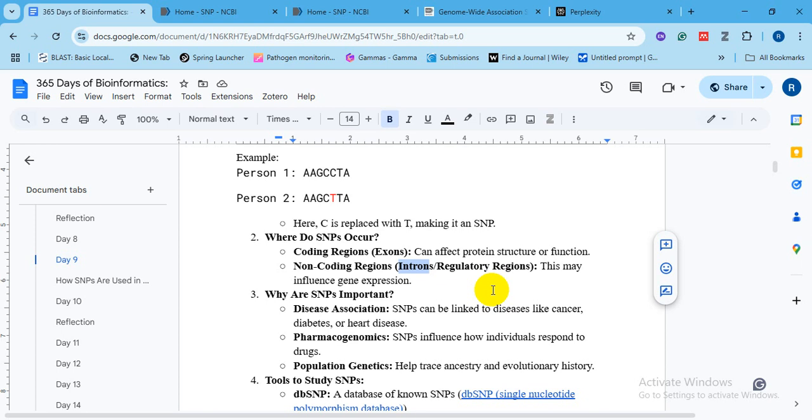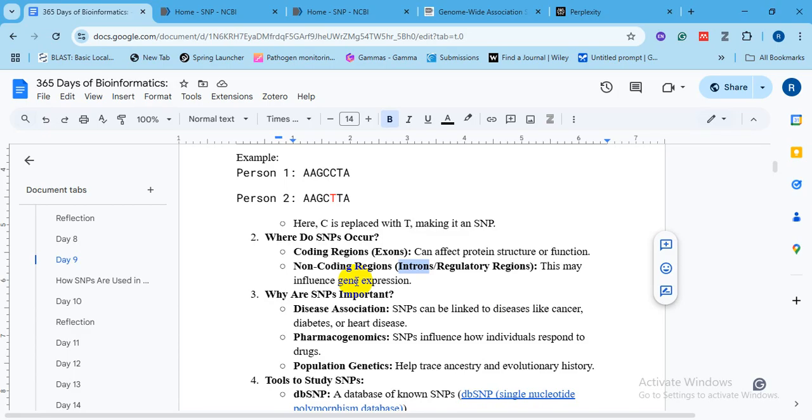So if an SNP is present, it influences what? The gene expression. What is meant by gene expression? Okay, we have a genetic material called a gene. These genes want to express this information that is represented in the sequence of nucleotides.